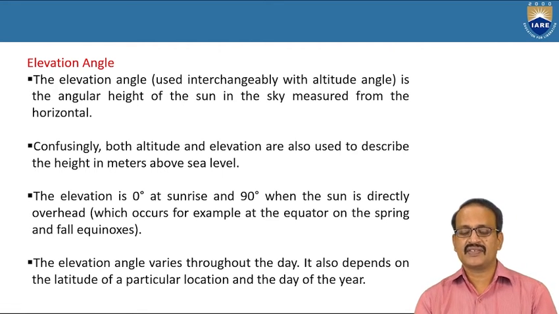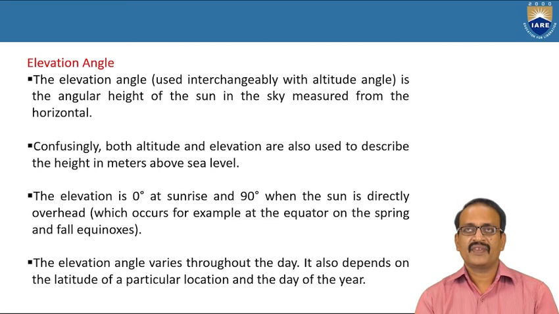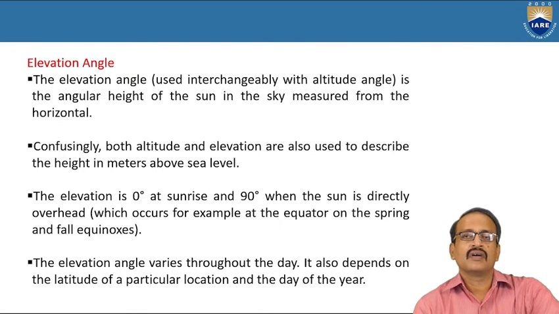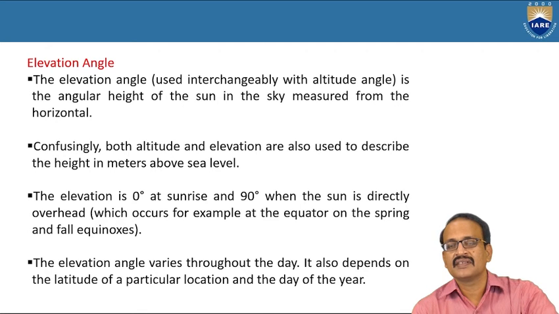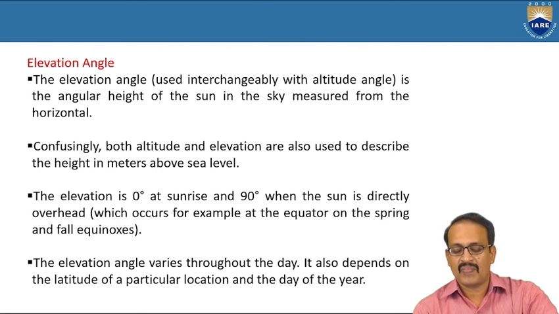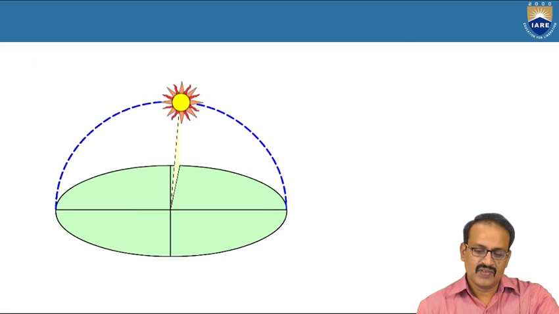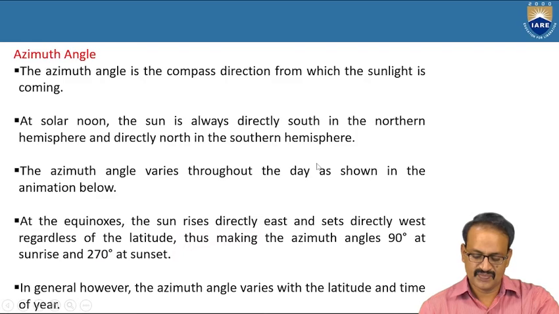The next thing is the elevation angle. The sun is moving. At sunrise, the elevation angle will be 0, and at sunset, it will be 90. With this diagram, the sun is moving east to west.